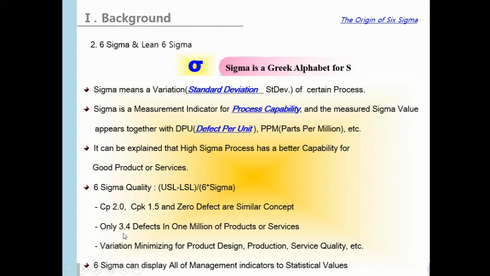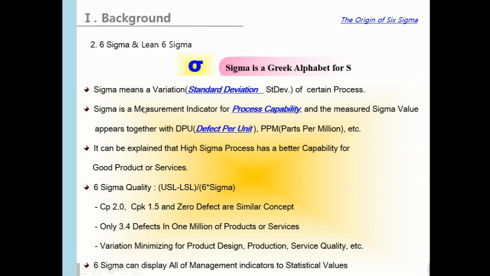And 3.4 defects in 1 million for a product or service means almost zero defect. So 3.4, we call it DPMO, defects per million opportunities. That is what we regard as the Six Sigma level.